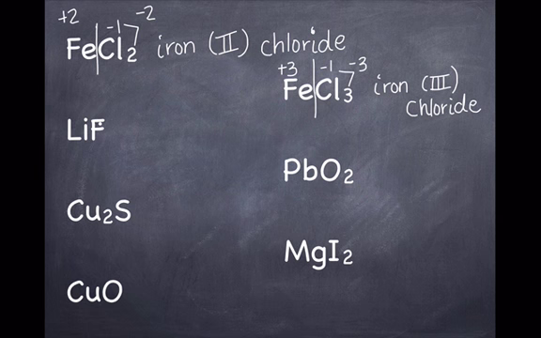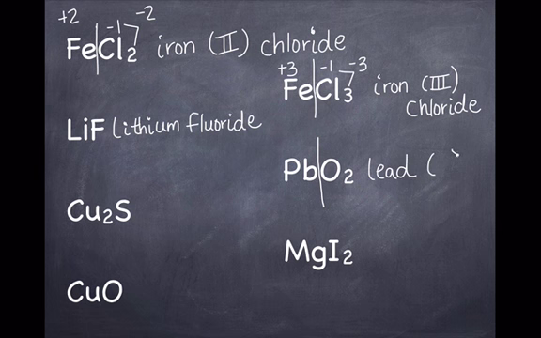Lithium and then fluorine. Lithium is not a transition metal, so I don't have to take the time to figure out the charge. We always know lithium is a +1, so I just do my normal naming rules where I keep lithium the same and I put the ide on fluorine. So lithium fluoride.